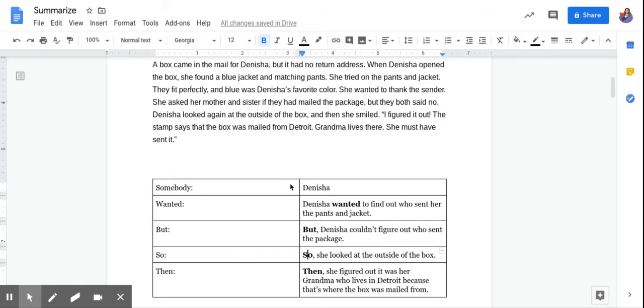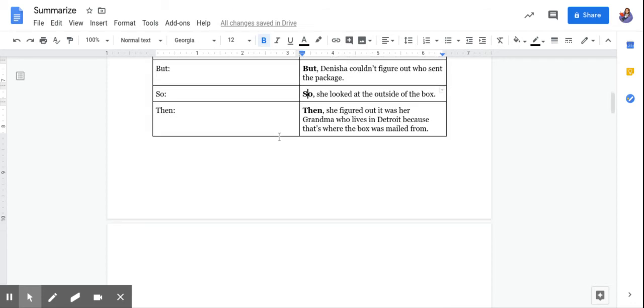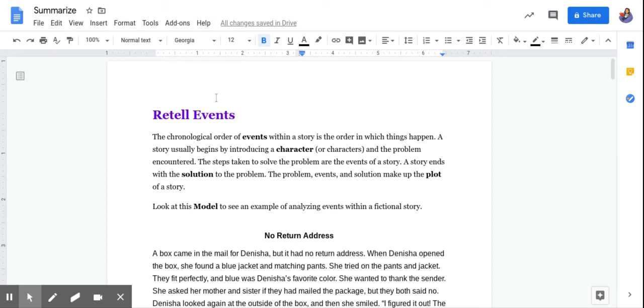You will be working with this strategy today as you read. What is the story called? The Circus, I think it's called. One moment. It is called The Circus Comes to Town, and you'll be answering questions 1 to 5 today.